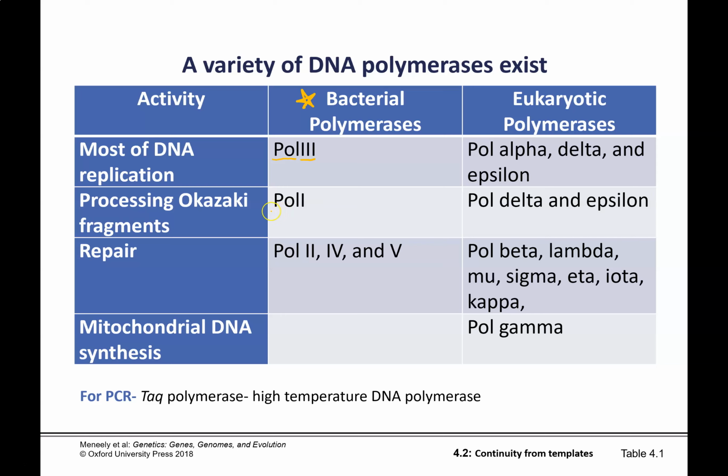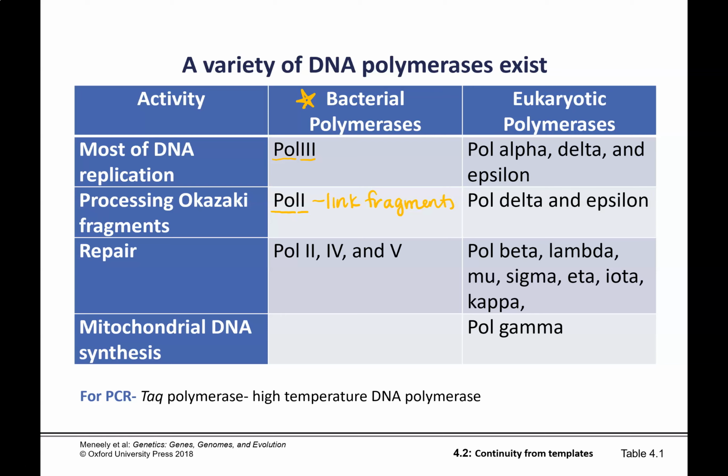Now, DNA polymerase 1 does something called processing Okazaki fragments. So we'll see in a minute that one of our strands is actually going to be made in little pieces, and those fragments have to be linked together. So this guy, polymerase 1, is going to link our fragments, or basically fill in little gaps between our fragments.